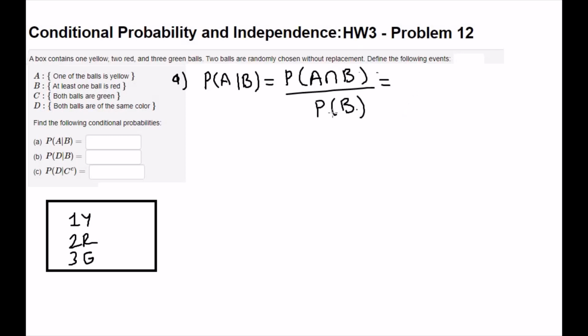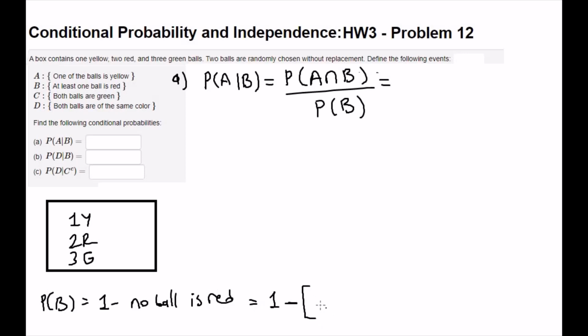Now let's handle probability of B and probability of A intersect B. Probability of B: the definition of the event says at least 1 ball is red. At least 1 ball is red means 1 minus no ball is red. So we can approach this by the complement. So it's going to be 1 minus no ball is red.